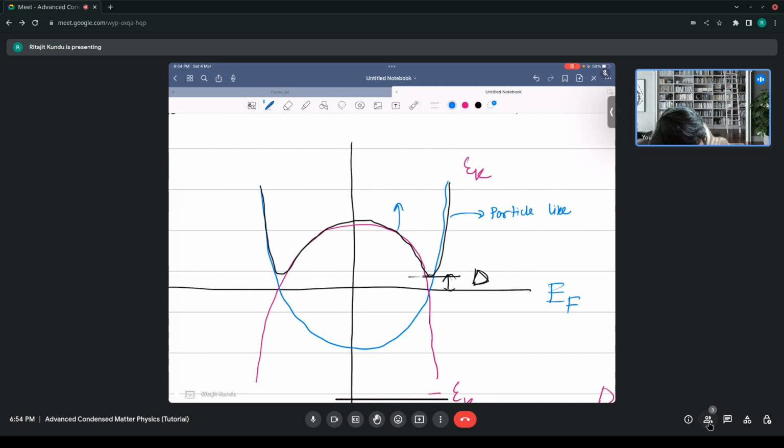If you are in this branch, it becomes a hole-like excitation. And if you are very close to this gap, it is called a Bogoliubov quasi-particle. It is neither particle nor hole, but a mixture of both. It is also called Bogolons, or Bogoliubov quasi-particle.